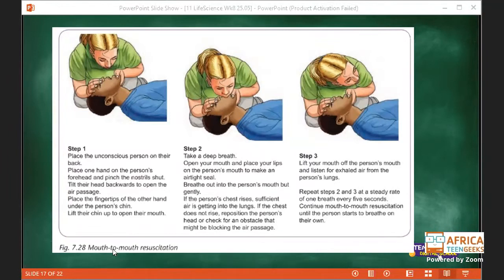So guys, this is where we need to revert back to the lesson where we looked at the composition of inhaled air and the composition of exhaled air. Remember, in inhaled air, we have a high concentration of oxygen, and in exhaled air, inasmuch as we have a lot of carbon dioxide, we still have oxygen, which is expired. Okay, so that is why mouth-to-mouth resuscitation is also advised.